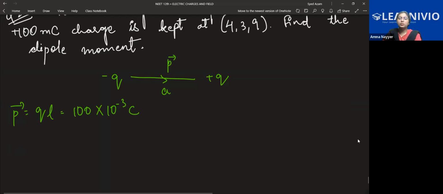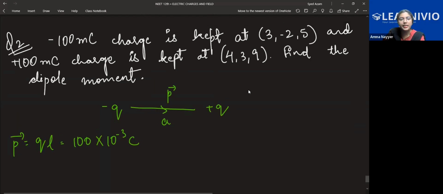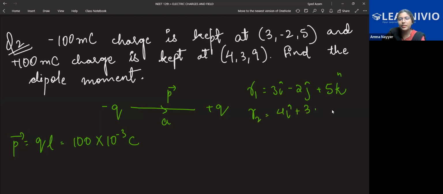Multiply it now with, see, the first point that was given. So the first point, let's say R1, is 3i cap minus 2j cap plus 5k cap. We did a similar question, I think, in Coulomb's law also. Then R2 is 4i cap plus 3j cap plus 9k cap.